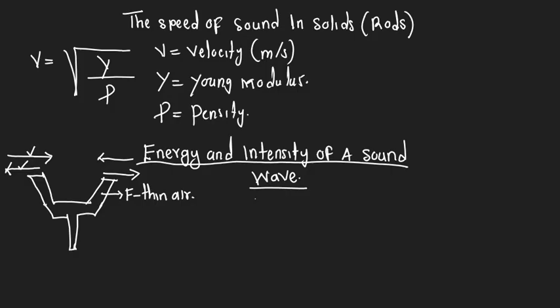But as this tuning fork is exerting a certain force on thin air, it is eliciting a certain energy which is enabling the movement of these particles. So what is being exerted here is called energy.